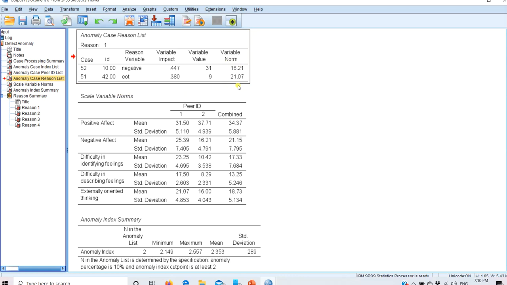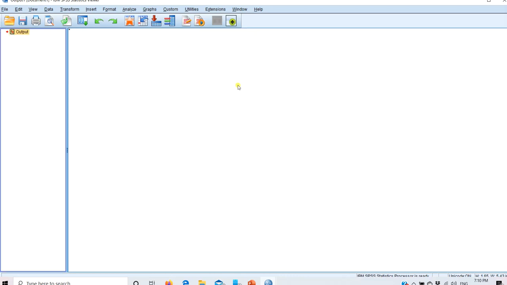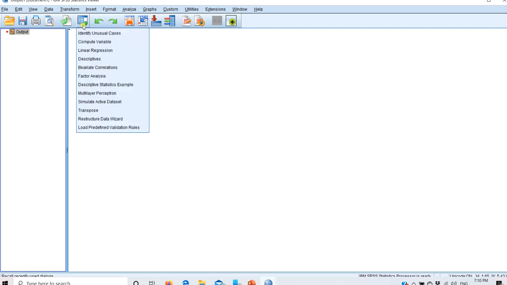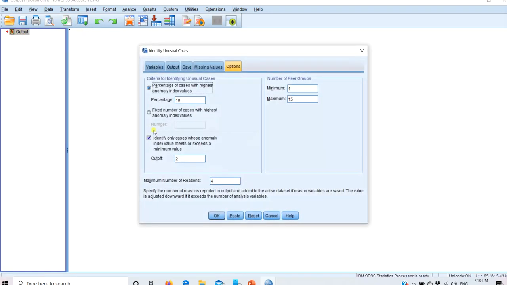anomalous. But let us repeat this analysis changing the cutoff to 3, so that I will consider the case as anomalous if the anomaly index is greater than 3. Now here you see there is a warning.